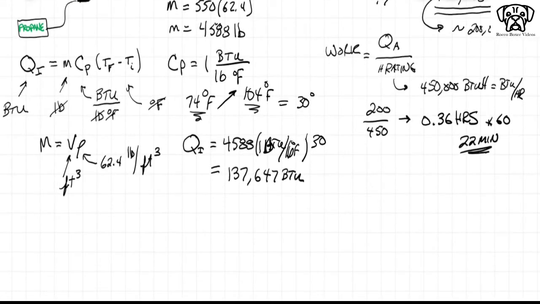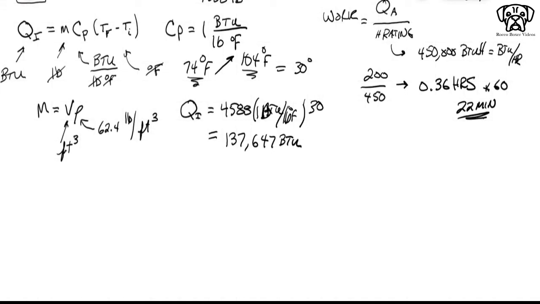Now, what does it cost to do that? So if we scroll up a little here, let's calculate the cost. So we know that the cost is going to equal the amount of heat we need divided by the heating value of propane, and I'll talk about that in a second, times the cost per gallon of propane.